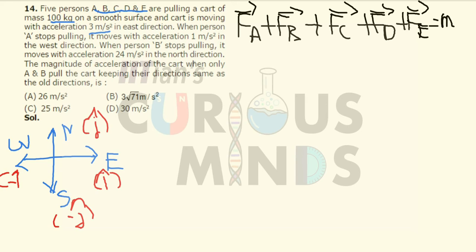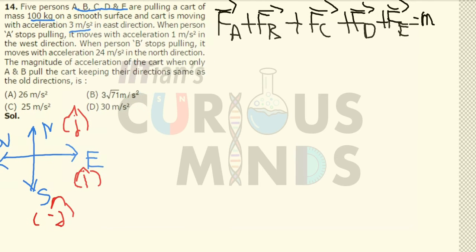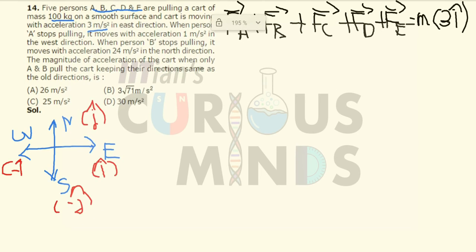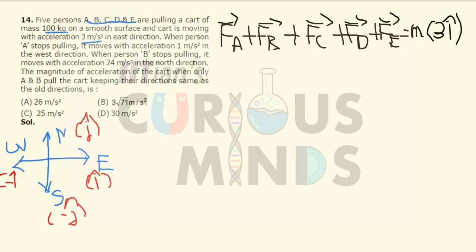Now the acceleration when all 5 of them are pulling is 3 meter per second square in the eastward direction. So basically it will be equal to 3 i cap. I am not concerned with the mass of the vehicle for the time being, you will understand why later.